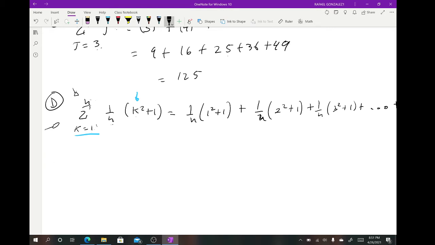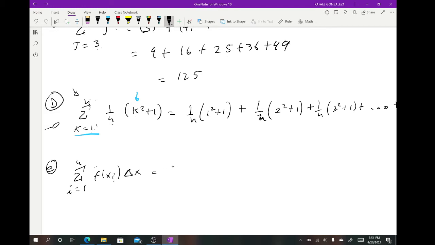Let's see. And finally, let's do one more, e. So let's say somebody gives you the sum of i equals 1 to n of f of xi times delta x. Well, here the only thing that's changing is the subscript of this xi.